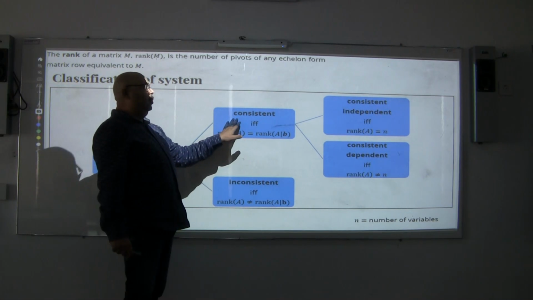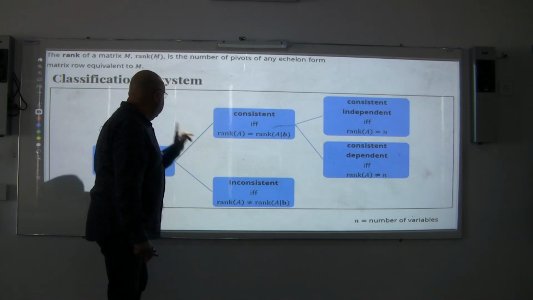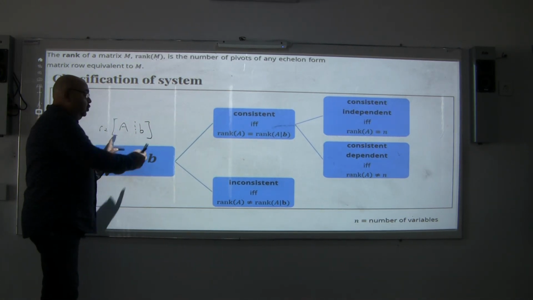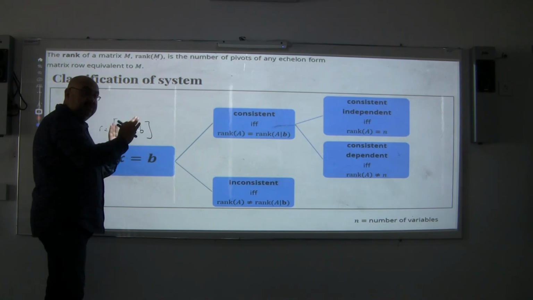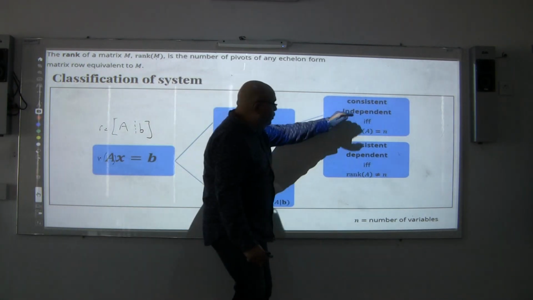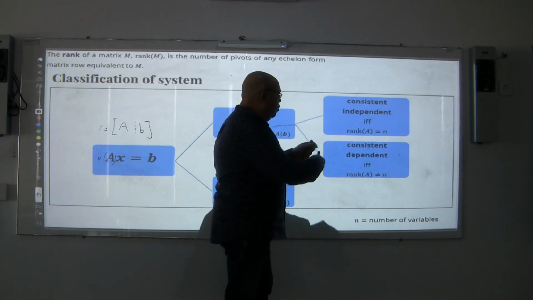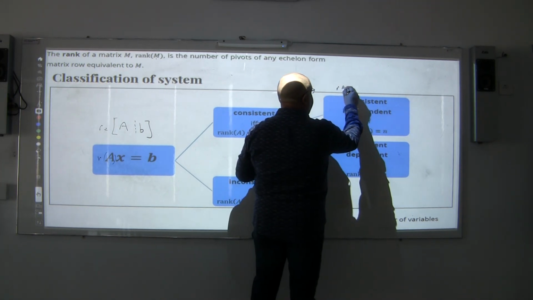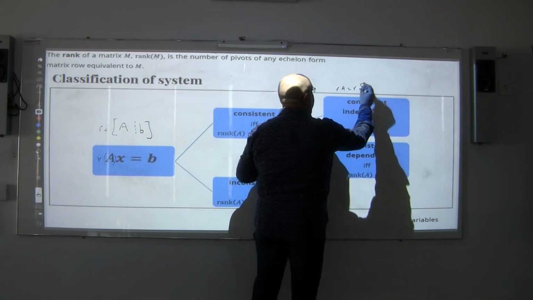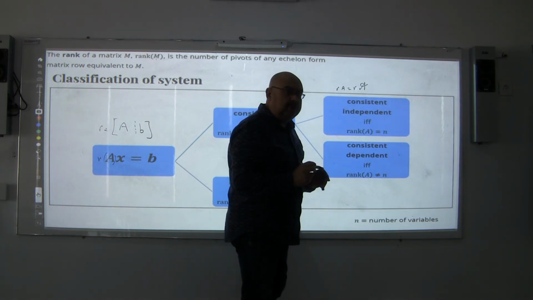In order to have a consistent solution, the rank of matrix A should equal the rank of the augmented matrix. This is the first step. R of A is equal to R of the augmented matrix, both of them equal to each other.